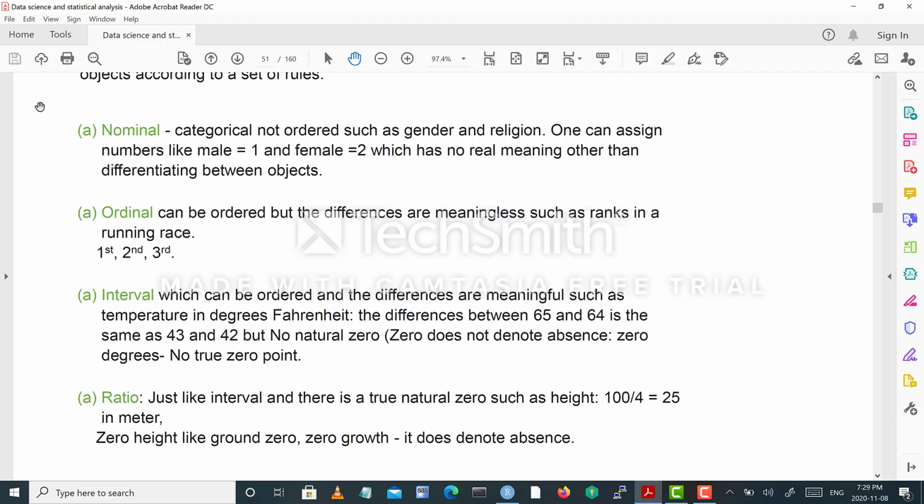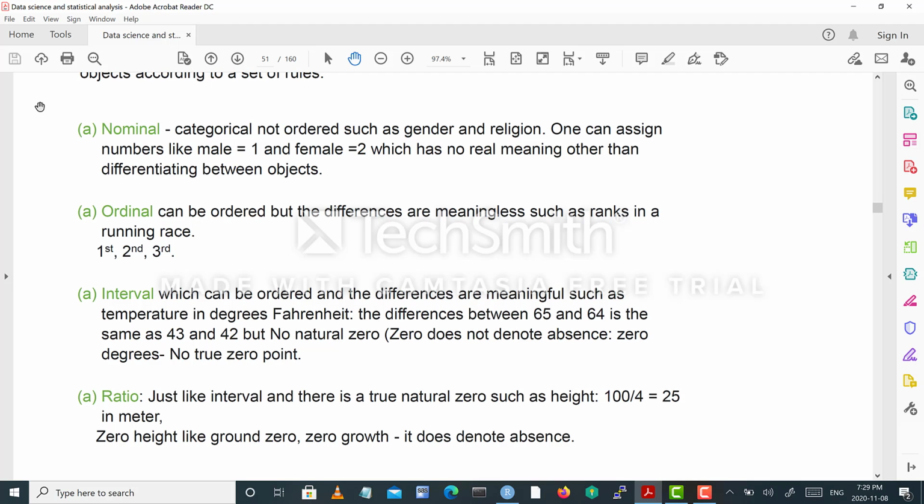Interval, which can be ordered and the differences are meaningful, such as temperature in degrees Fahrenheit. The difference between 65 and 64 is the same as between 43 and 42, but there is no natural zero. Zero does not denote absence: 0 degrees is no true zero point.